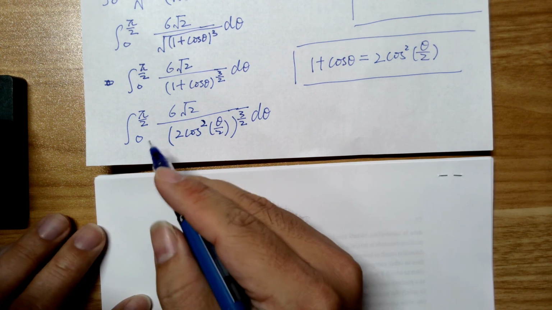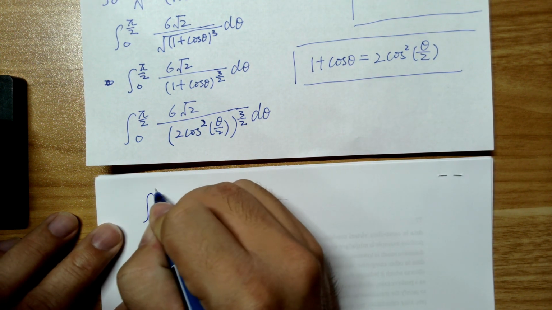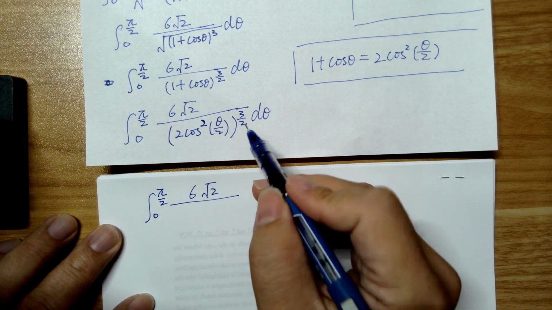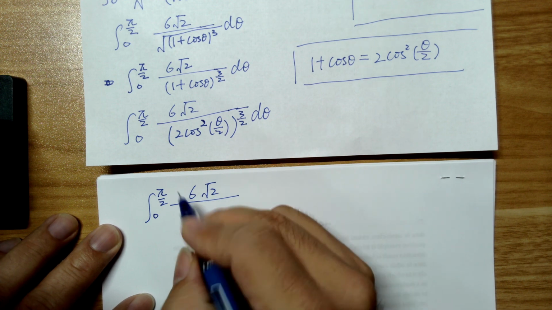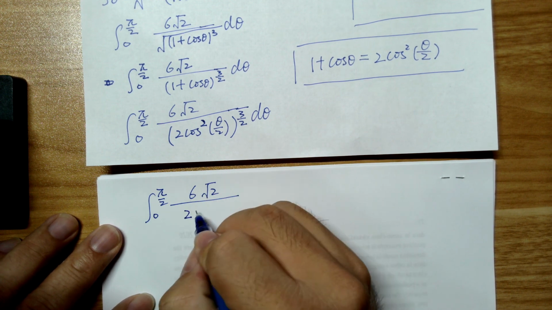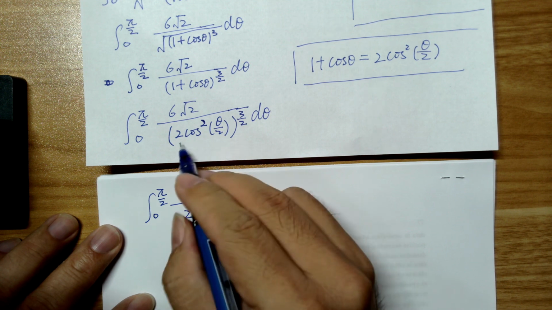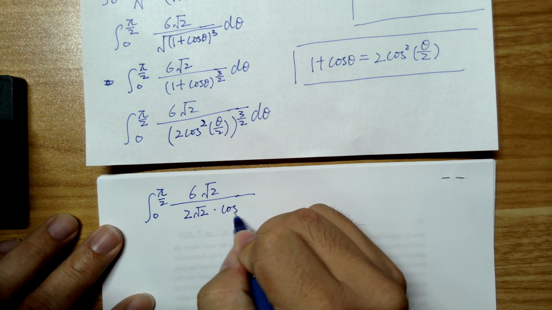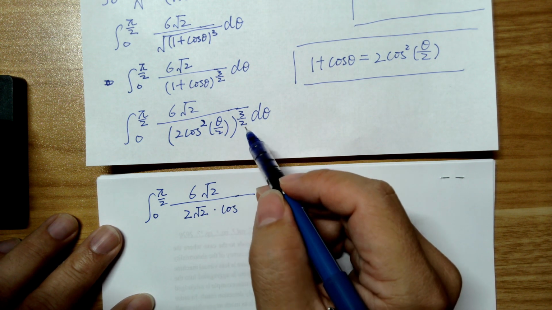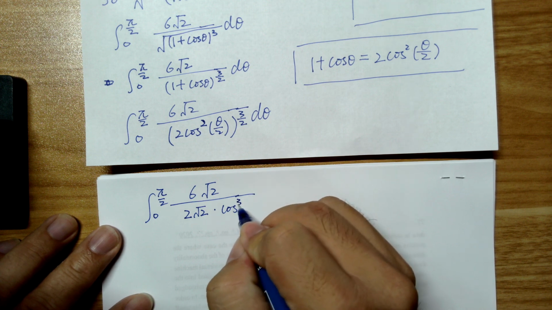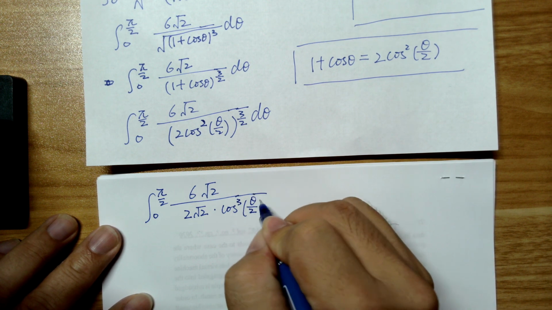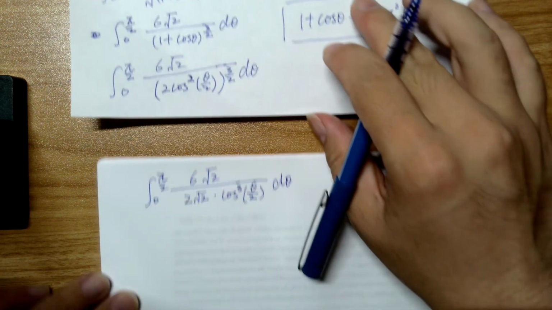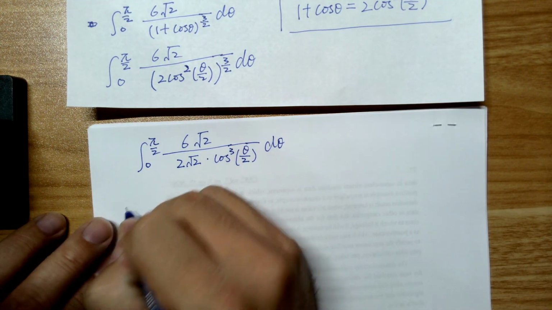So it turns out that, from 0 to pi over 2, 6 square root of 2 over, you see that you're going to have 2 to the power of 3/2, which is going to give you 2 square root of 2. Okay, so you apply this 3/2 to 2 here, and then multiply cosine squared, and then to the power of 3/2, it becomes cosine cubed of theta over 2, and then d theta. Okay, so a lot of stuff getting involved here, but it will become clear soon.